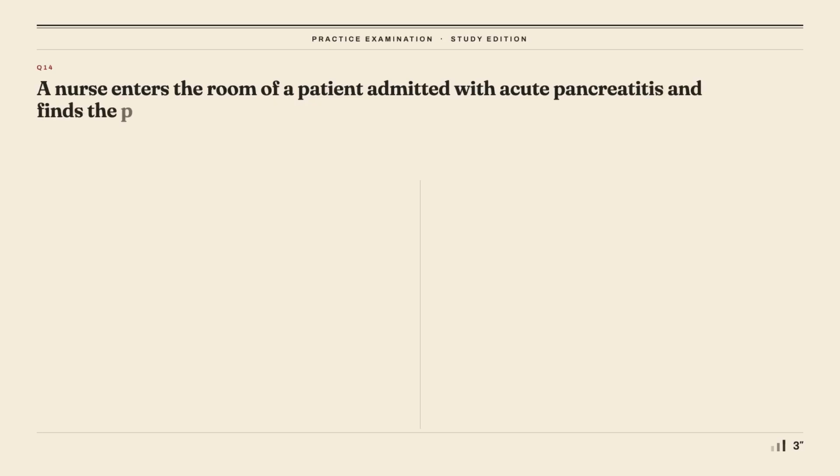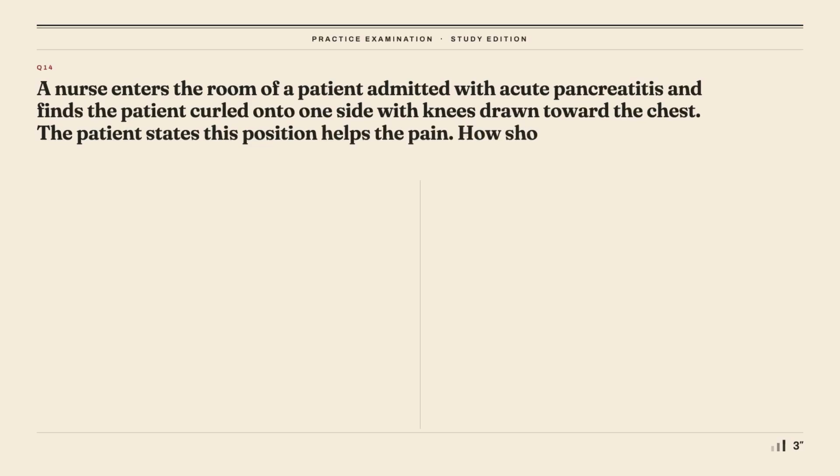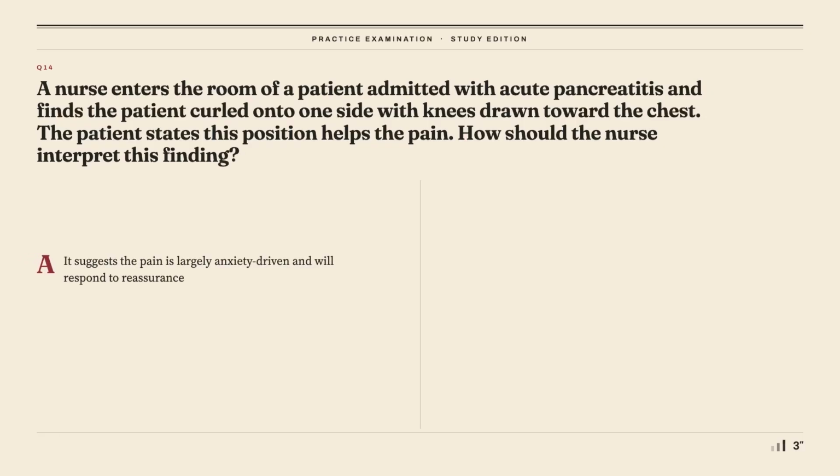Question 14. A nurse enters the room of a patient admitted with acute pancreatitis and finds the patient curled onto one side with knees drawn towards the chest. The patient states this position helps the pain. How should the nurse interpret this finding? Your options are: A. It suggests the pain is largely anxiety-driven and will respond to reassurance.